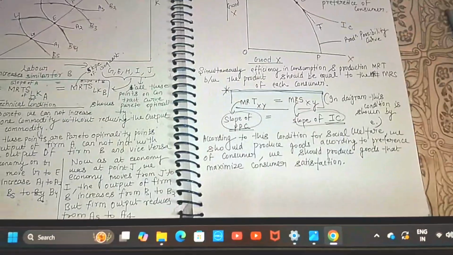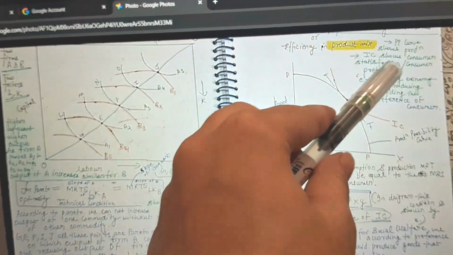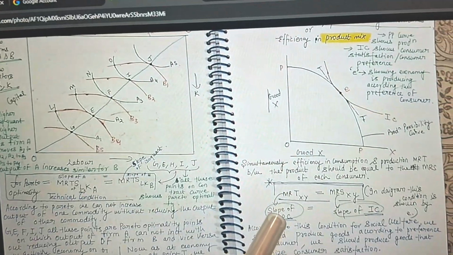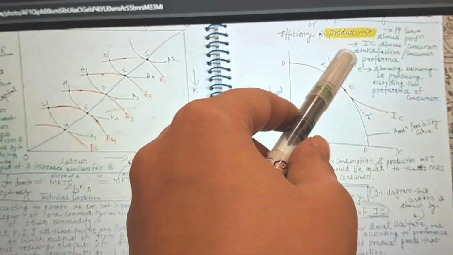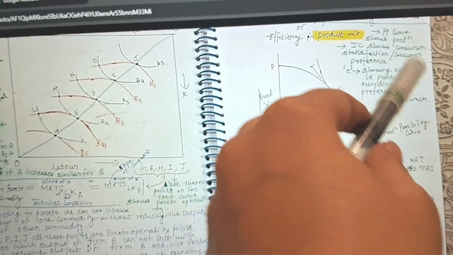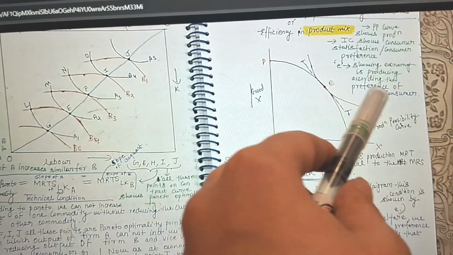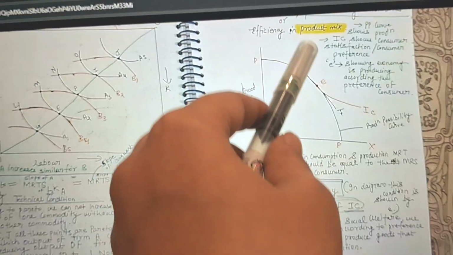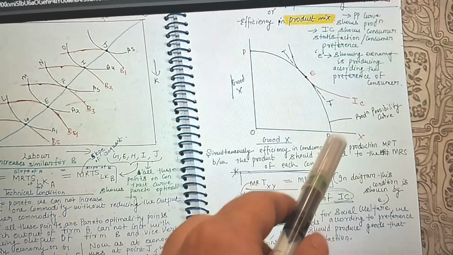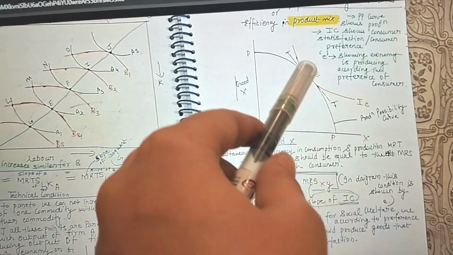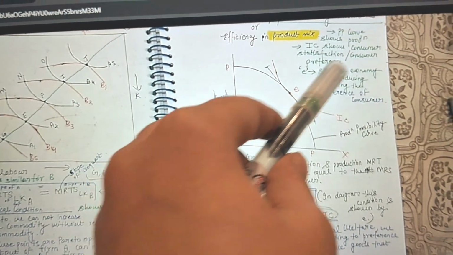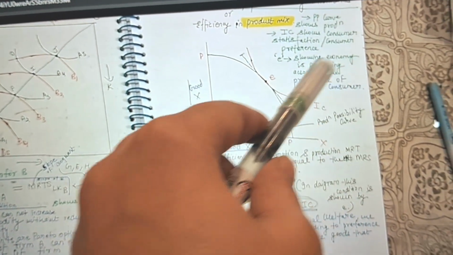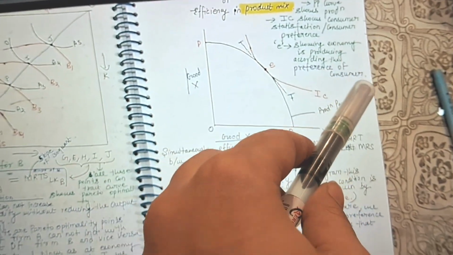In this diagram we can see the PP curve, the production possibility curve that shows the production, and the IC curves that show consumer satisfaction and consumer preference. Where the PP curve and the IC curve are tangent to each other, we get the point E, which shows the economy is producing according to the preference of the consumer.